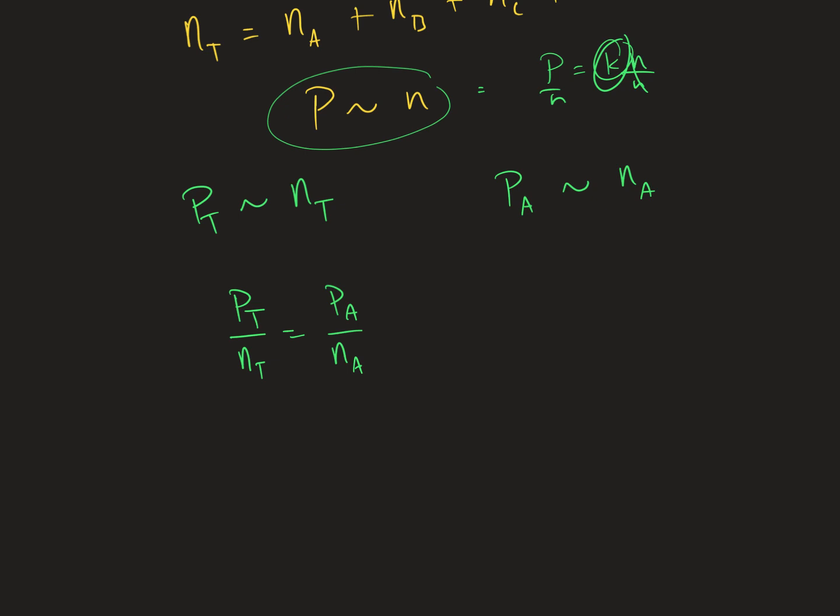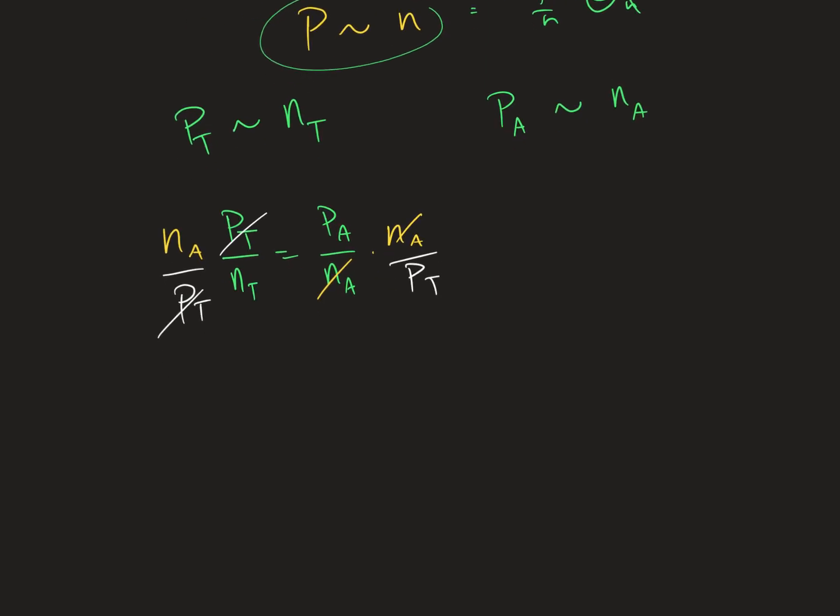All right, so I'm going to rearrange it just a little bit mathematically. Multiply both sides by number of moles of A. And divide both sides by total pressure. Do you follow what I did mathematically? We good?